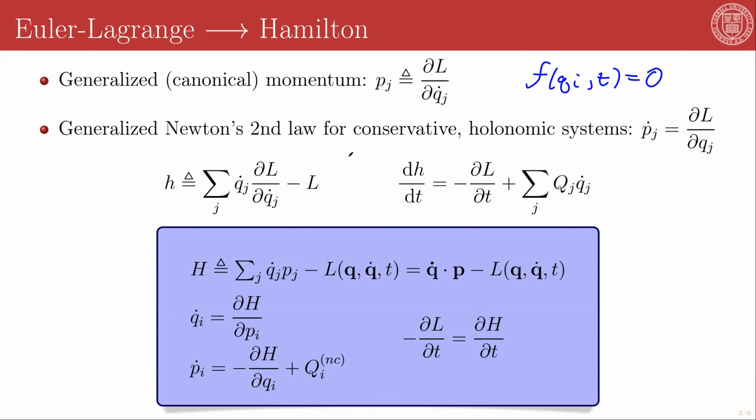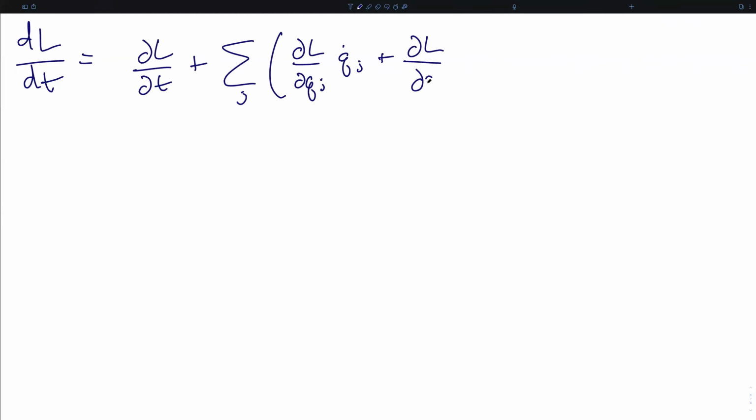We can now write the total derivative of the Lagrangian with respect to time as the partial of L with respect to t plus the sum over all of our generalized coordinates of the partial of L with respect to each generalized coordinate times the time derivative of that generalized coordinate, plus the partial of L with respect to the time derivative of the generalized coordinates times the second derivative in time of each generalized coordinate.